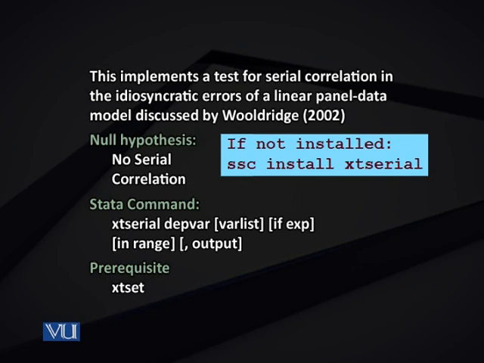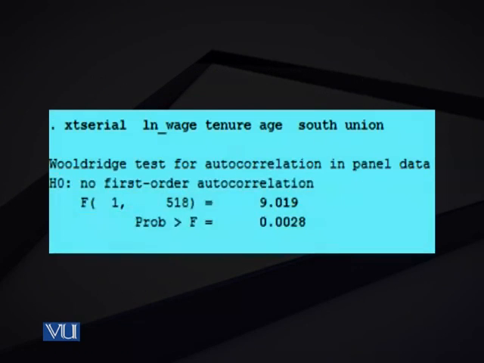The null hypothesis is that there is no serial correlation, and the results you are seeing show the effect of writing this command xtserial log of wages, tenure, age, South and Union. In this case, H0 was no first order autocorrelation. Remember that we may have second order autocorrelation or third order, but the test you have been doing, for example, the Durbin-Watson test, also assumes that we are testing for the first order serial correlation or autocorrelation.